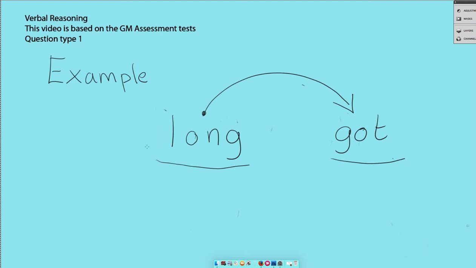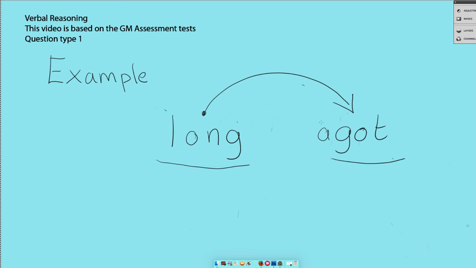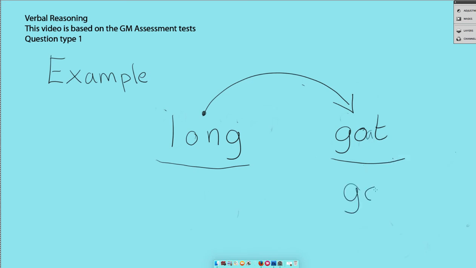Could we move the A? Well, we could. Could we put it in here? No. But we could put it in here to make goat. So the letter we move is the letter A, and that's the one you would mark on your answer sheet.